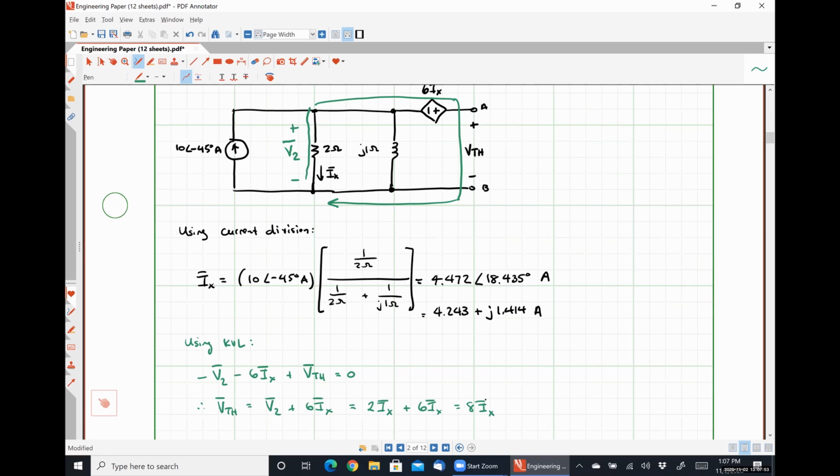Anybody have any problems with that? As long as I start at this node and end at this node, it doesn't matter what path I take, right? That's a great thing about KVL.